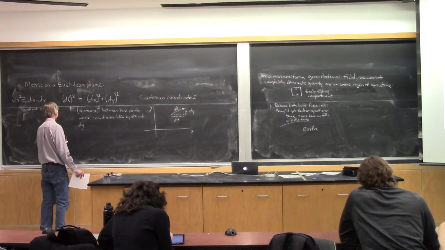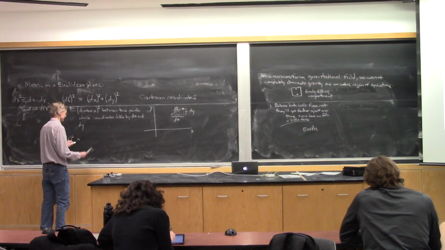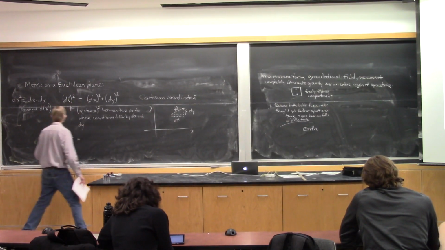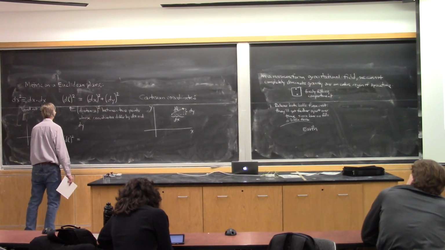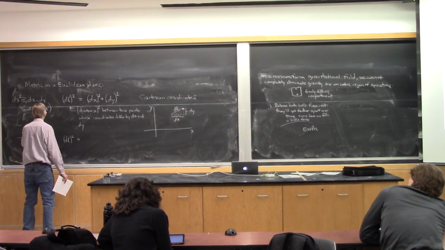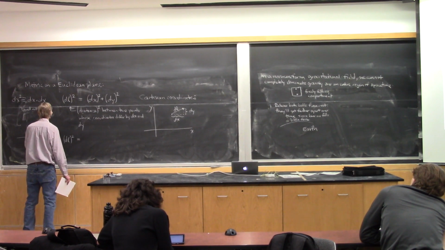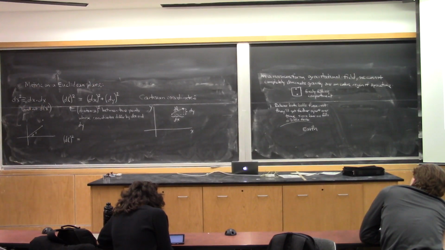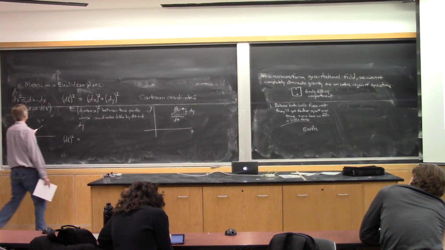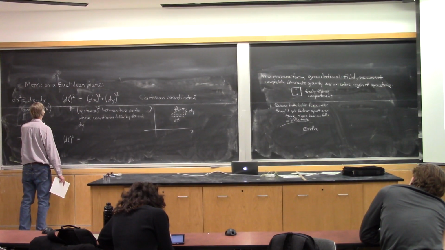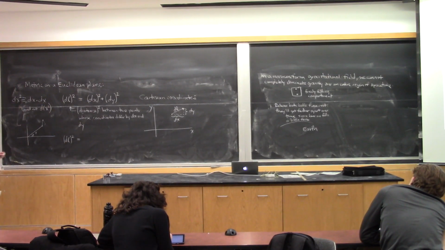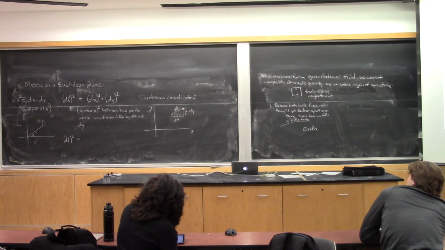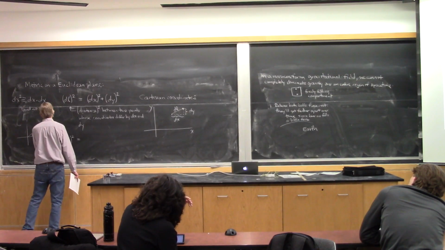I could also put it in polar coordinates. What would dl squared be in polar coordinates? So here are two points. There's r and theta for the first point. And I could imagine now making a little triangle that becomes more and more precisely correct as I make the coordinate differences smaller and smaller.